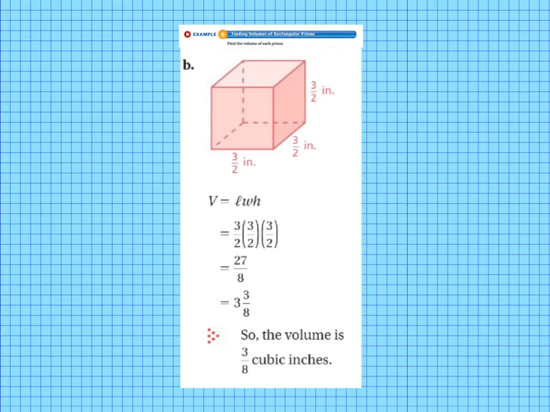Example 1B, we are finding the volume of another rectangular prism, and its dimensions are 3/2 of an inch by 3/2 of an inch by 3/2 of an inch. So we know that that's a cube because all of its dimensions are the same. So our first step is to write the formula.